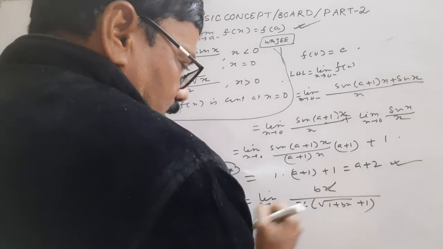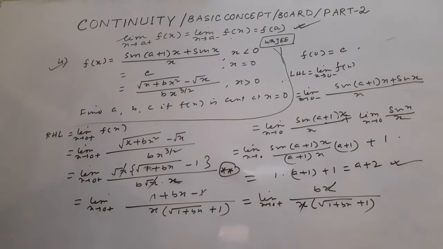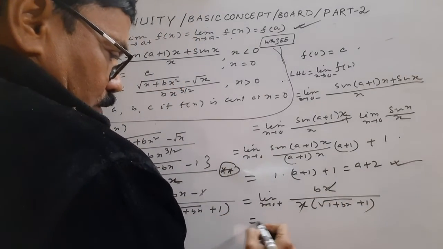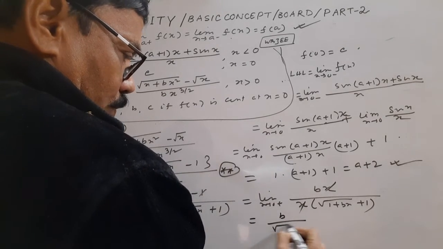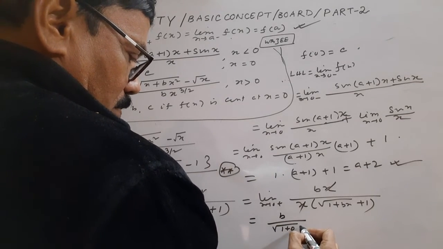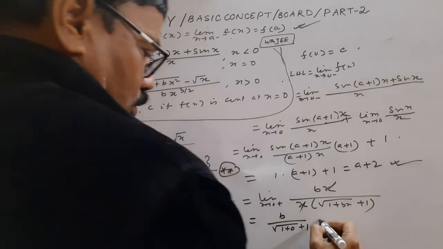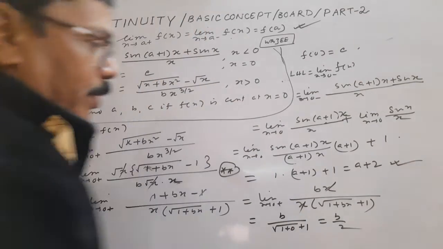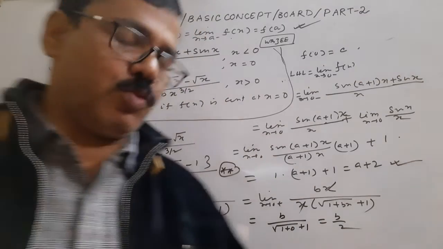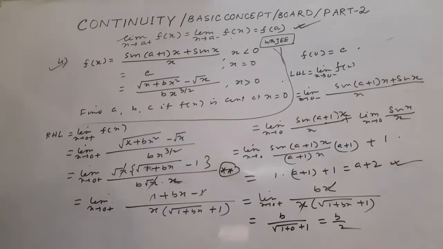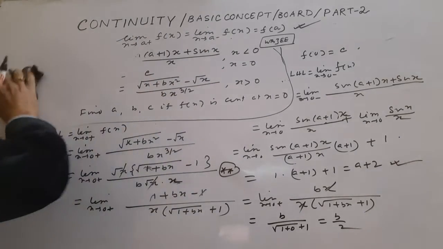So x cancels. So put the value: b by 1 plus 0 plus 1. So this is b by 2. So what is the right hand limit? Right hand limit is b by 2.